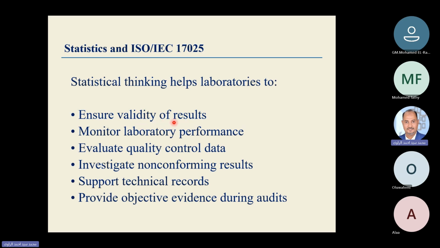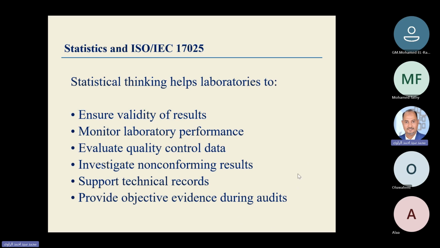We ensure the validity of our results. Also in monitoring laboratory performance, by using control charts to determine if our process is in control or out of control. Also evaluate quality control data. How can we evaluate quality control data?